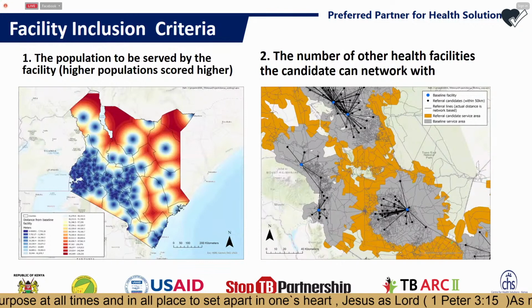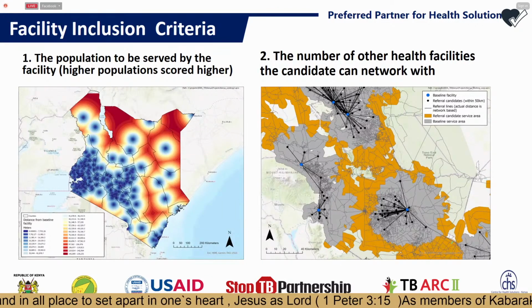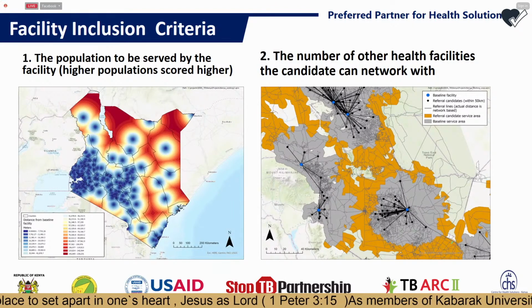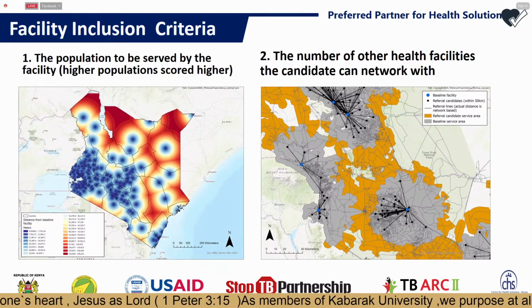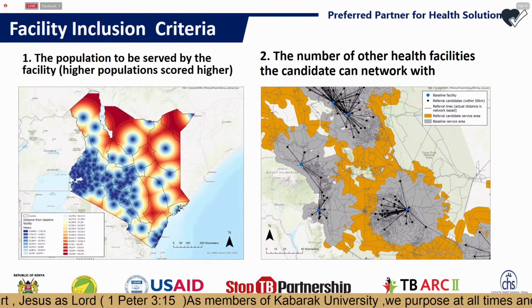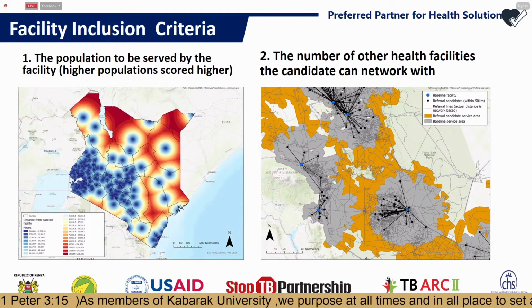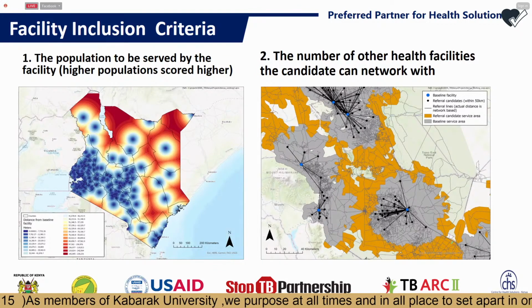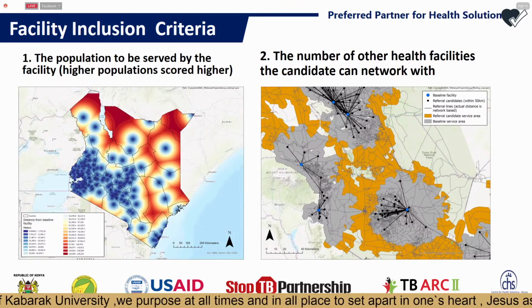When you look at the population to be served, because there was an inclusion criteria, we had to give that information because it is useful to ensure equity when the instruments are being distributed. The other thing is the number of other health facilities the candidate facility can support.